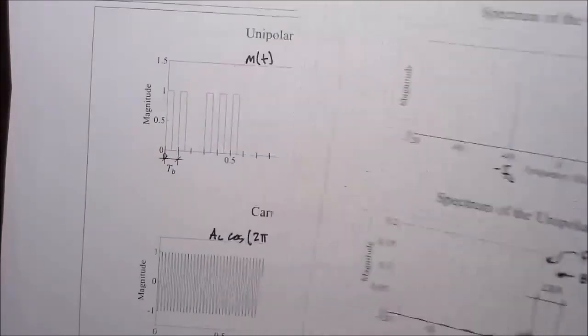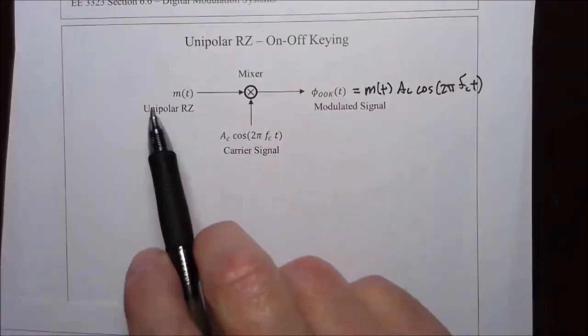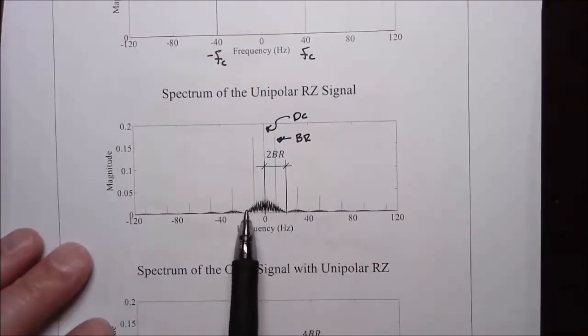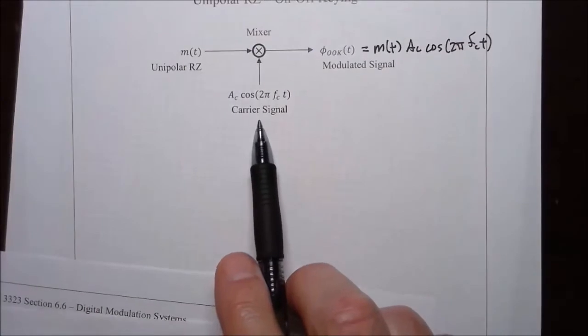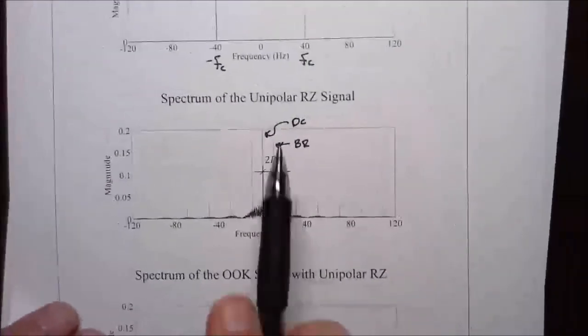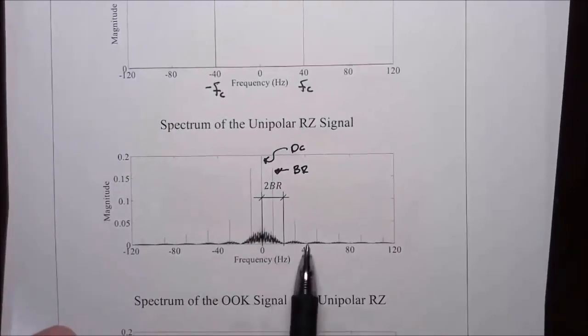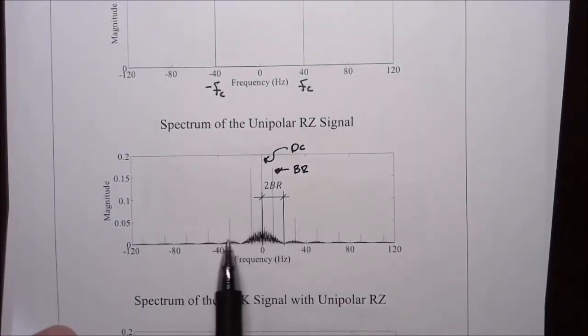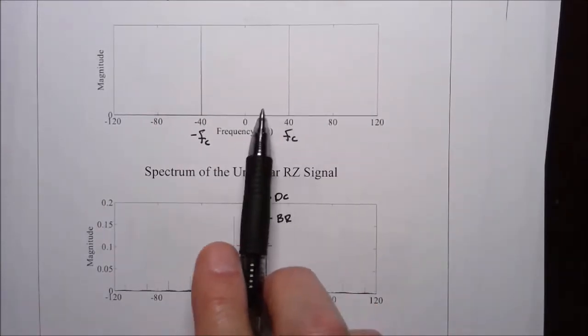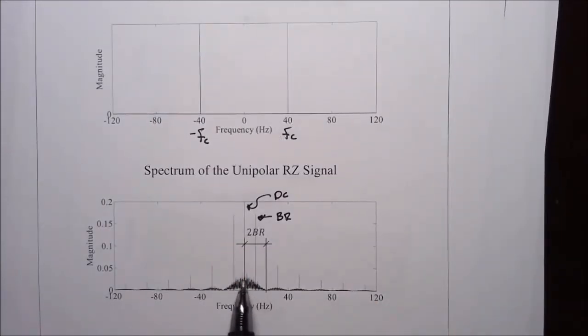Now, when we take a message signal that has a spectrum that looks like this, and we mix it with a carrier signal that has a spectrum that looks like the pair of delta functions, the convolution will take this structure and will reproduce it, shift it, and center it at the carrier frequency, plus and minus the carrier frequency.